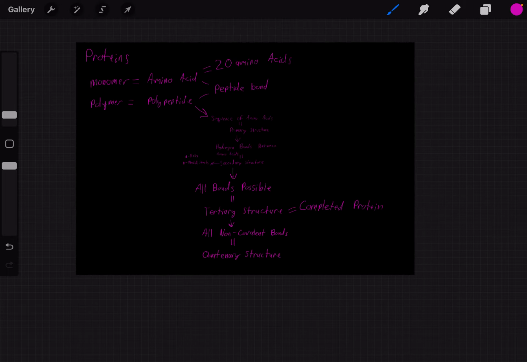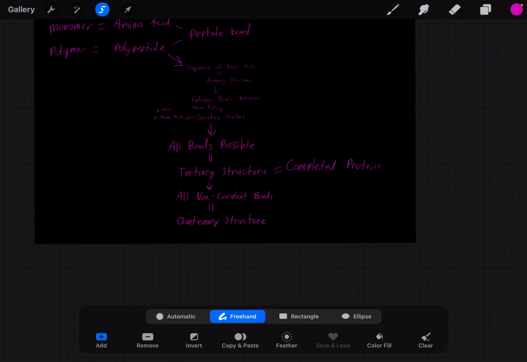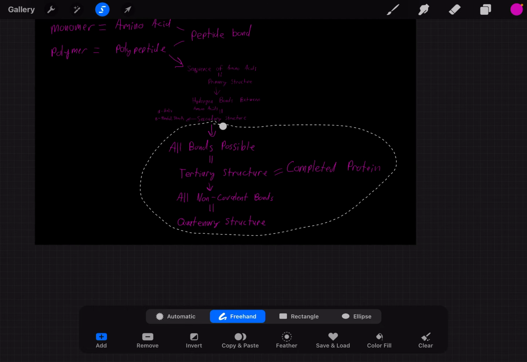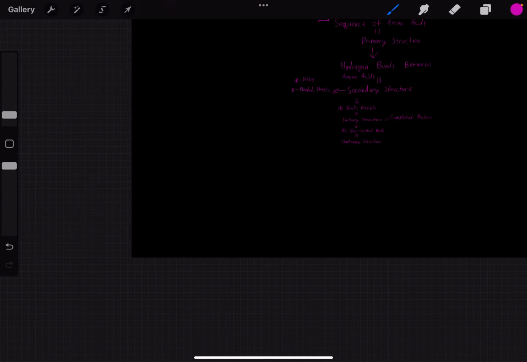A quick recap of what proteins do, and then we'll be done with proteins. Proteins do everything, basically. And I'm going to list some of them. Some of them are enzymes. Some of them are protective, for example, fighting off viruses and other bacteria. Storage.